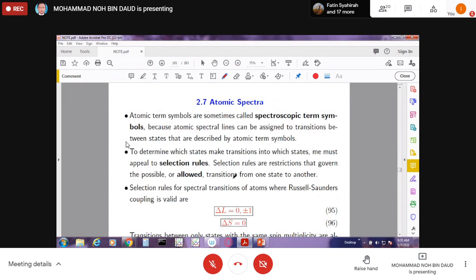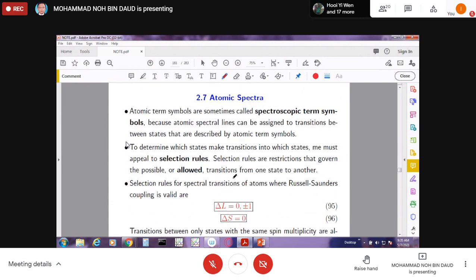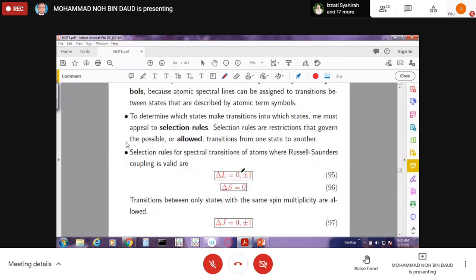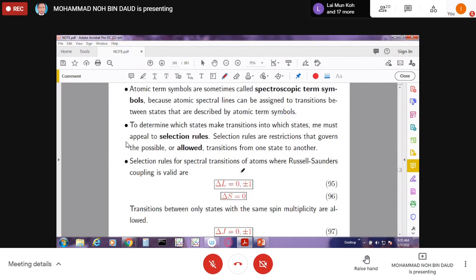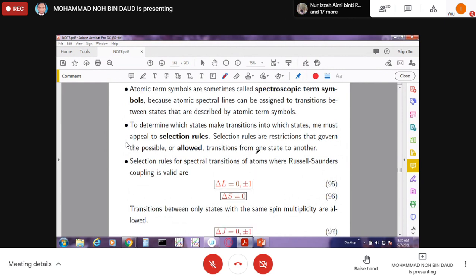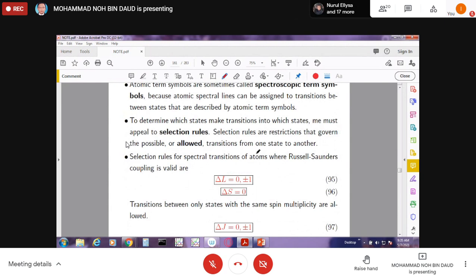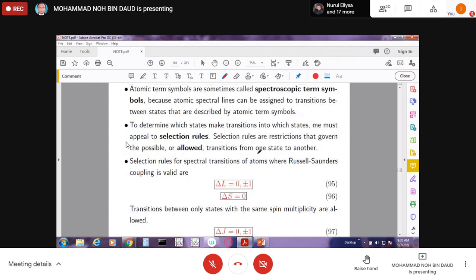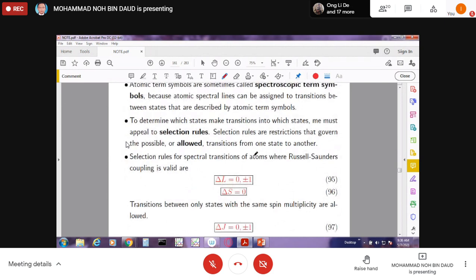Okay. So I want to finish this chapter, and this also can be shown, corroborated, using quantum mechanical wave functions and spectroscopies. Spectroscopies use selection rules to determine whether the transition is allowed or forbidden.